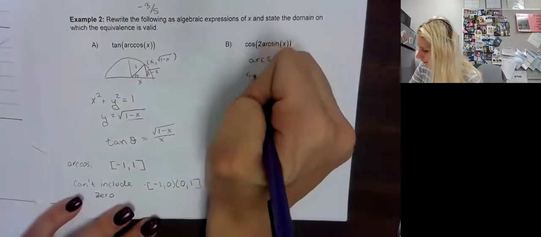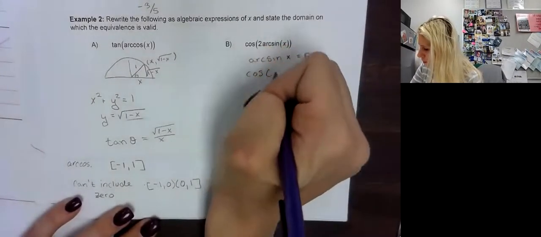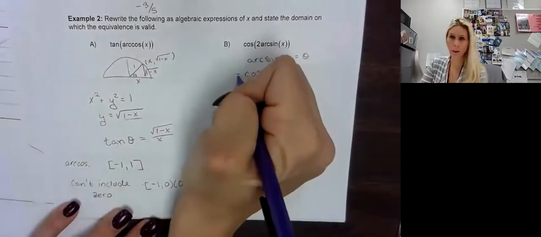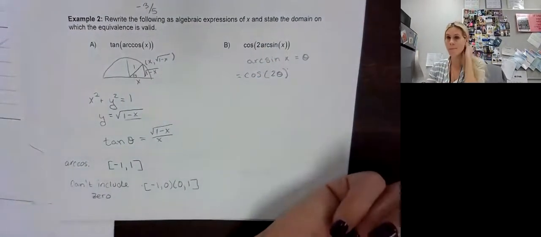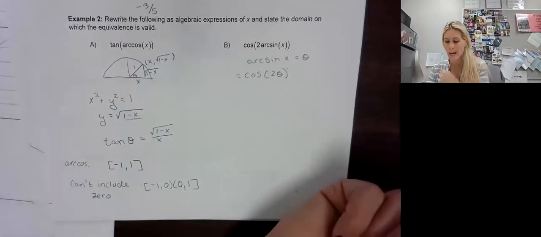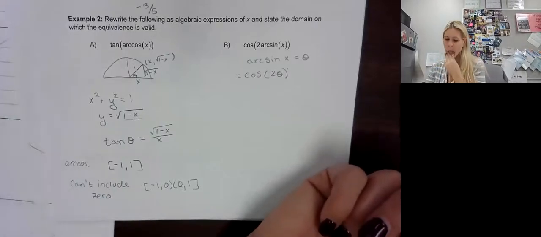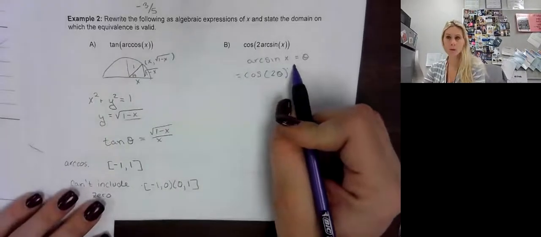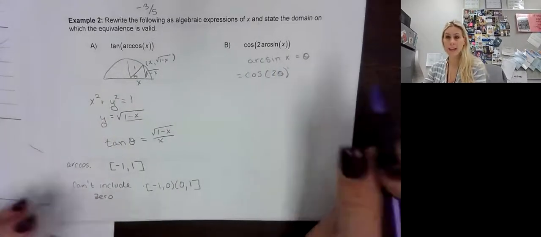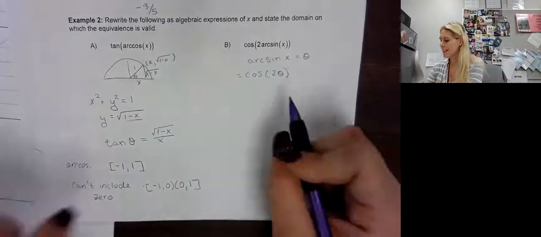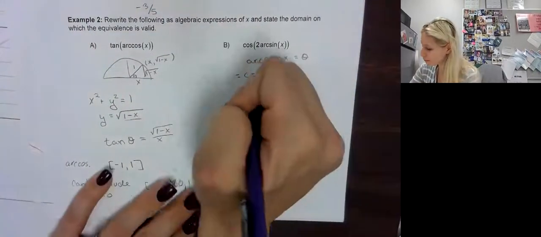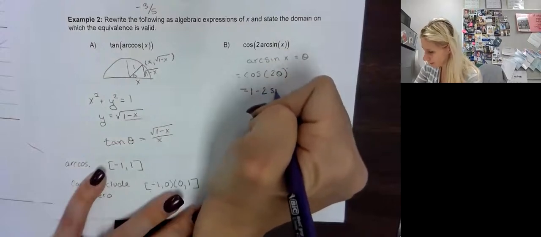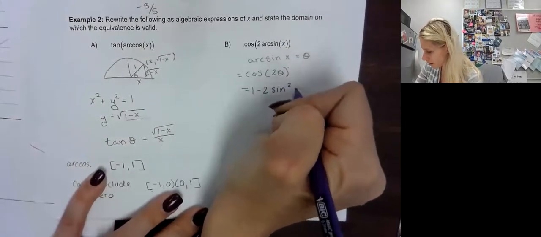So if I rewrite this, I get cosine 2 theta. Now we have to use our double angle identities. Hopefully by now you have memorized them. Remember, there are 3 options we have. Because when I solve this, sine of theta equals x, I want to have sine in my double angle here. So I'm going to use 1 minus 2 sine squared theta.